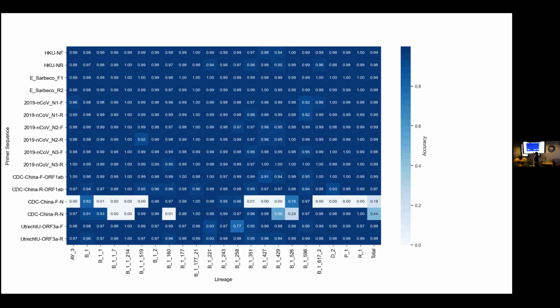So what does this mean? All of these are the forward and reverse sequences for different primers, different brands, including the ones that we designed. These ones are the ones that we designed. Depending on the brand, if the value is 0, that means they do not detect.